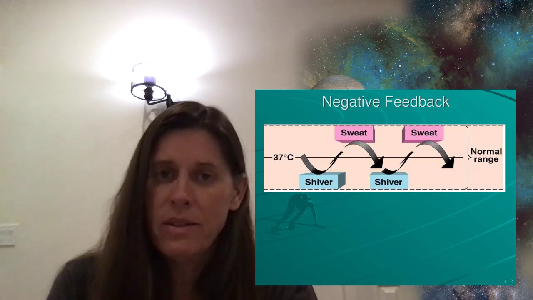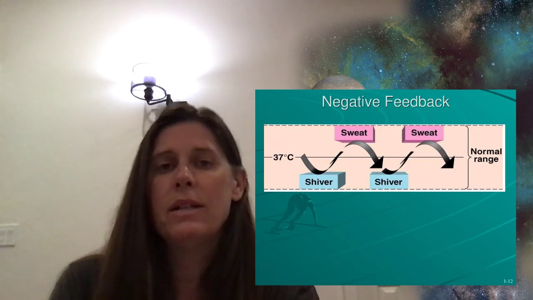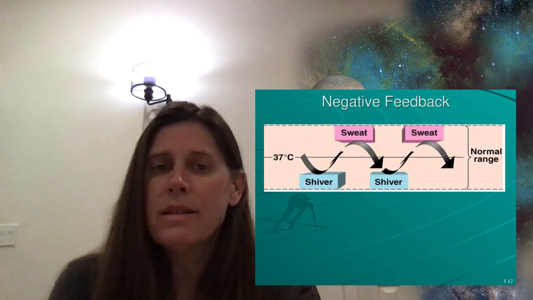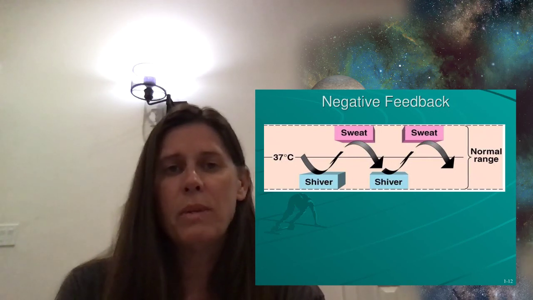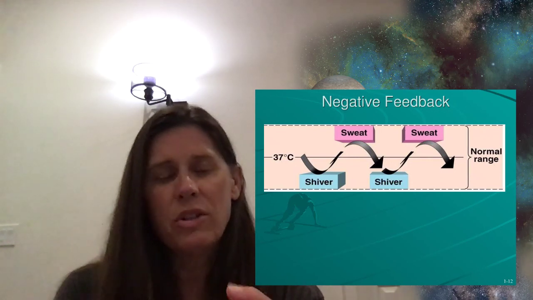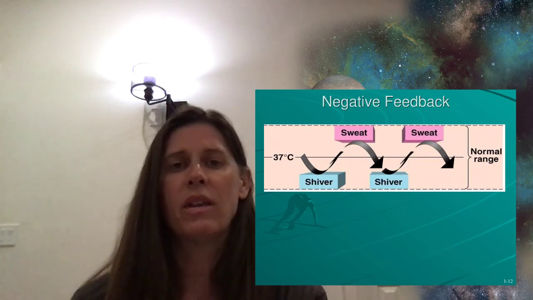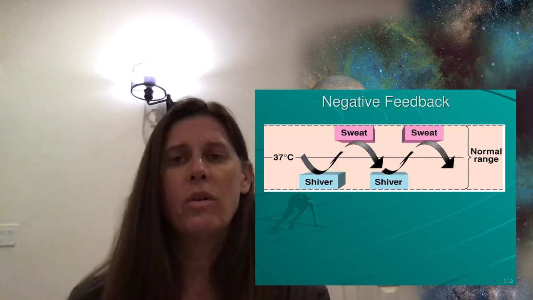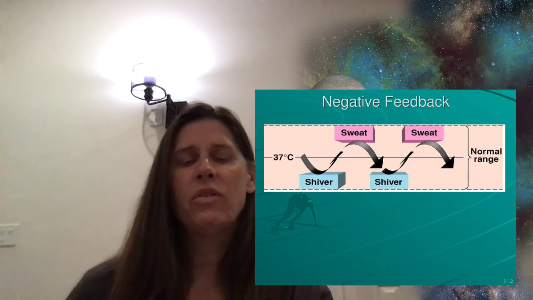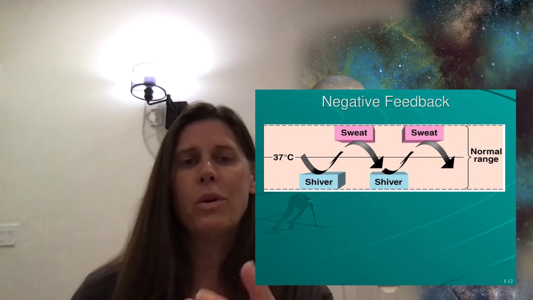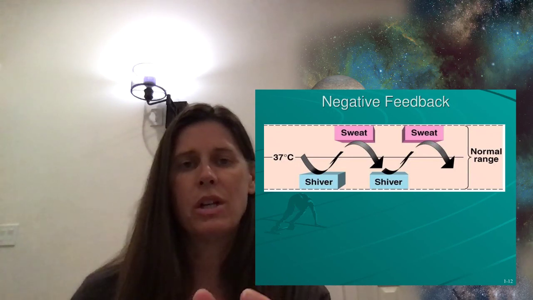In this case, it's a different effector because you want a different response. In this case, the effector is your skeletal muscles. And your skeletal muscles will start to twitch. They start to do these small little contractions. Okay? And so if you recall from general bio, your skeletal muscles need ATP in order to contract, to twitch. Okay?